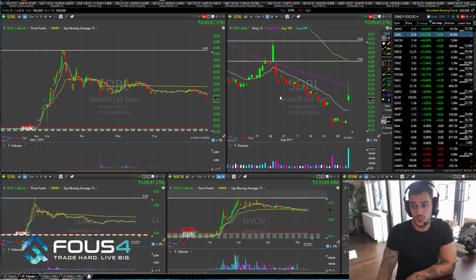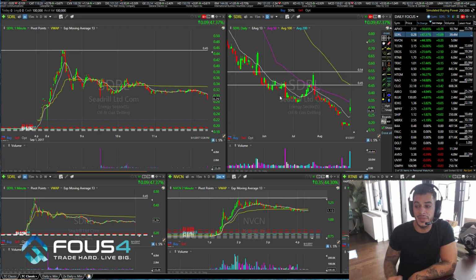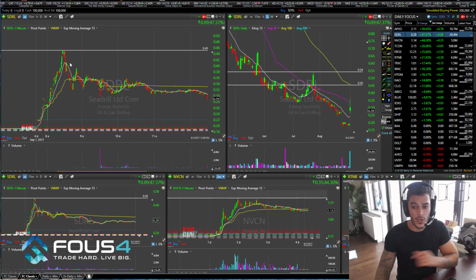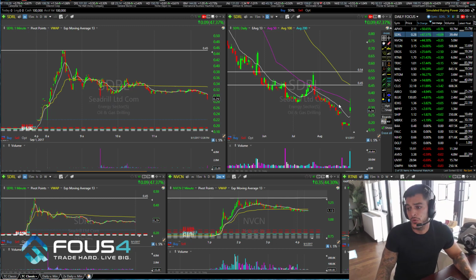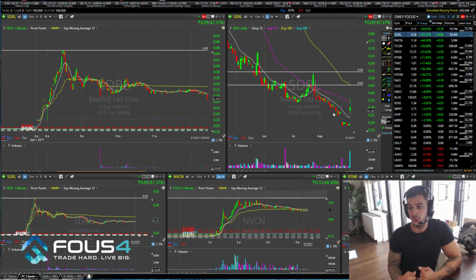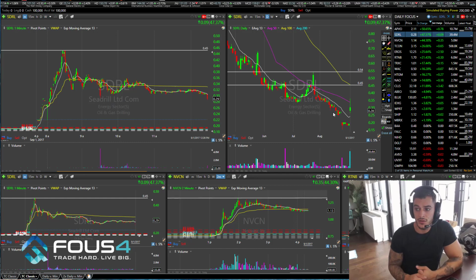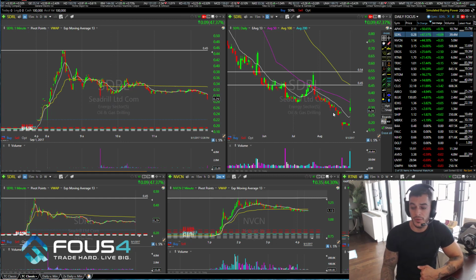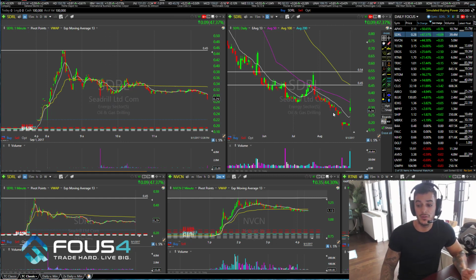Looking at my daily chart to determine where this stock is going to peak out, given that was a 120% move within about 30 minutes, I'm going to refer to certain moving averages. At Fous for Trading, we like to use the 13 EMA, which is a good gauge for a short-term trend indicator. But in terms of the bigger, longer-term picture, I like to use the 50-day simple moving average, the 100-day simple moving average, and the 200-day simple moving average on the daily.